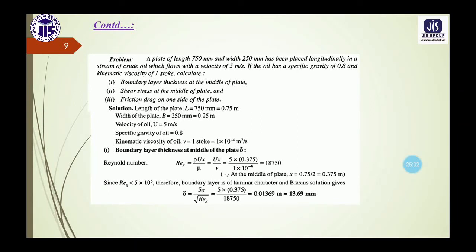If the oil has a specific gravity of 0.8 and kinematic viscosity of 1 stoke, then calculate the boundary layer thickness at the middle of the plate, shear stress at the middle of the plate, and friction drag on one side of the plate. So these are the things we need to calculate here.